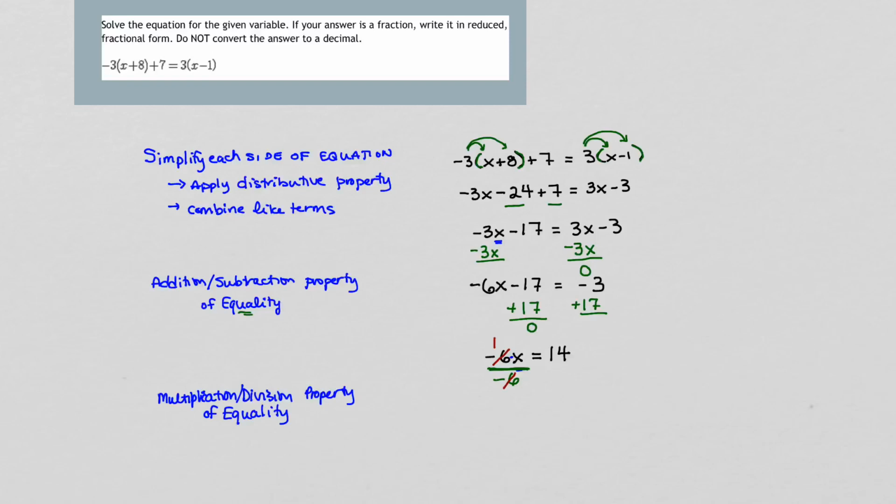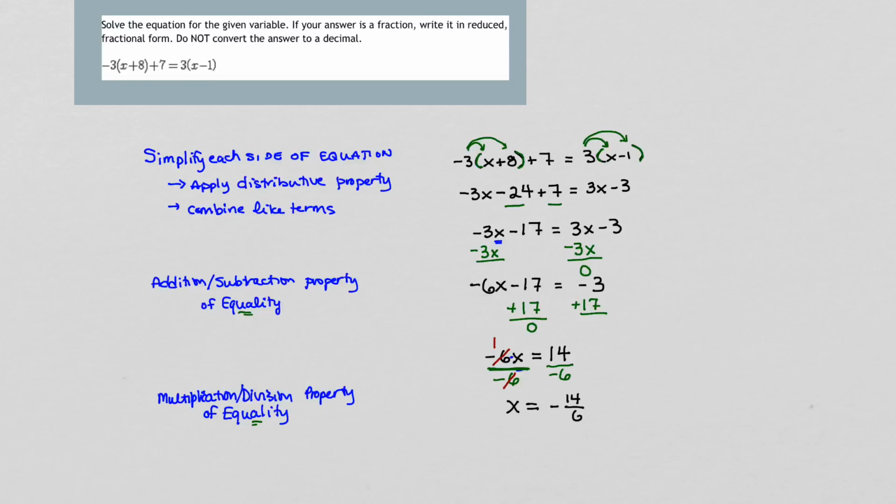And 1 times x is what's going to give me x. So if I have negative 6x, I'm going to have to divide the left side by negative 6 in order to get x isolated. But the division property of equality tells me whatever I do to the left, I have to do to the right. So I'm also going to divide by negative 6 on the right side. Doing so gives me 14 over negative 6.